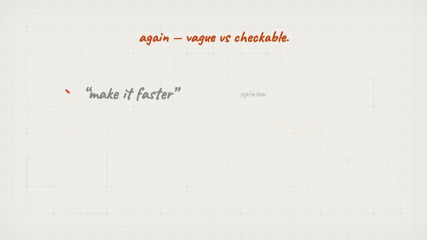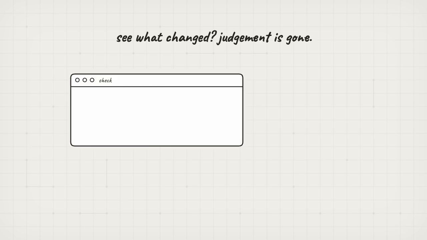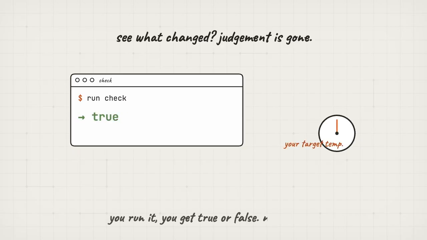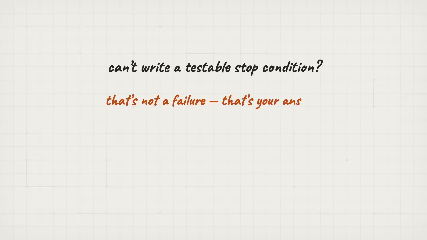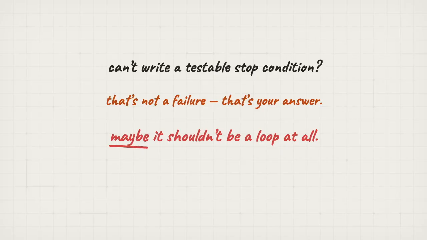"Make it faster" is not a stop condition, but "this benchmark finishes under 2 seconds" is one. See what changed. Judgment came out of it. You run something, you get true or false, and nobody's opinion is involved. That's your target temperature. And one important thing, if you sit down and you can't write a testable stop condition, that's not a failure. That's your answer. Your task probably shouldn't be a loop at all. I will come back to this at the end.